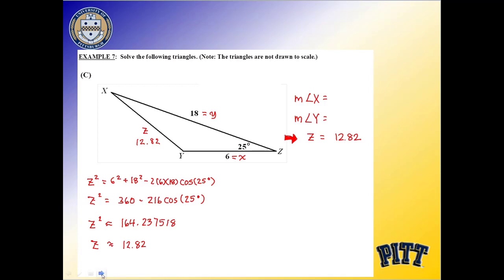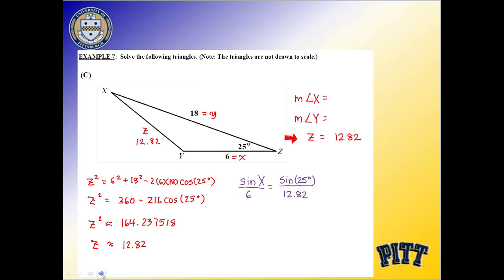If I choose to find angle X, X is probably the smallest angle, so it's going to be less than 25 degrees. It's not going to be obtuse. I could use the law of sines as an option to find angle X, or I could also use the law of cosines. So I do have options to find either.